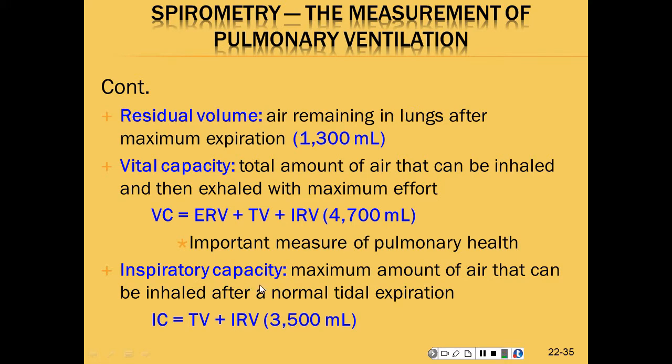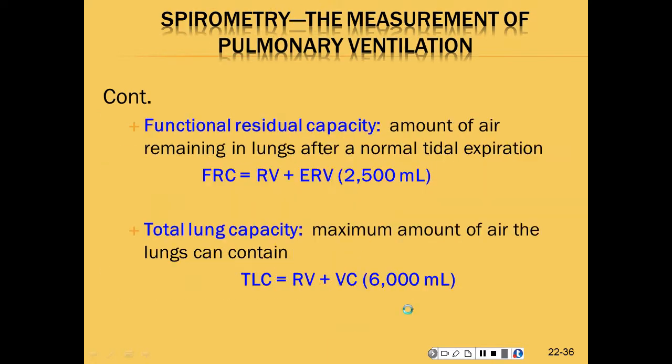Then you have your inspiratory capacity, which is the maximum amount of air that can be inhaled after a normal tidal volume. So you breathe normally, then you inhale as deep as you can on my signal, and you inhale as much as you can. And it should, if normal, be 3,500 milliliters. Then we have our functional residual capacity, our FRC.